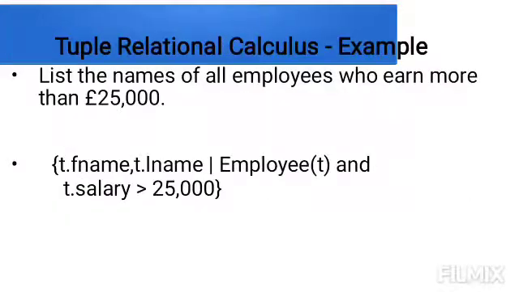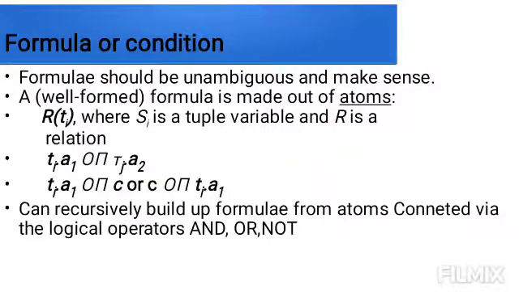In our example, {T.Fname, T.Lname | EMPLOYEE(T) and T.Salary > 25000}, we have the first form R(Ti), and is a logical operator, and we use another form Ti.A OP C, where OP is any comparison operation. Then we have used two atoms. The condition is called a formula. A formula can be made up of one of these three things.